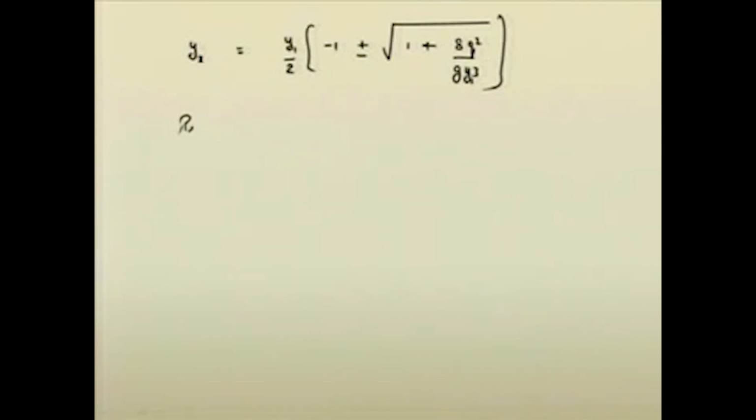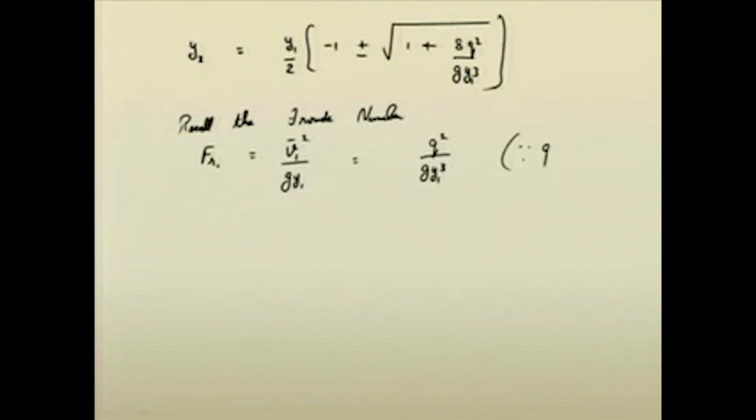Recall the Froude number. The Froude number in the upstream, F r 1, we gave as v 1 squared by g y 1, is it not? This is nothing but now q squared by g y 1 cube, because you know the flow per unit width, discharge per unit width q, is equal to v 1 into y 1.